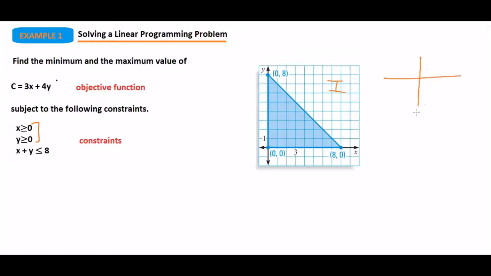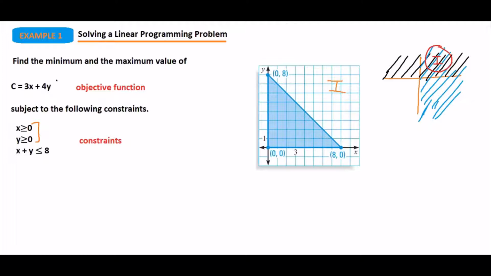So this is our xy plane. This region is y greater than or equal to 0 because it is above 0. And this region is x greater than or equal to 0, the right side of the xy plane, and the intersection together is the first quadrant.